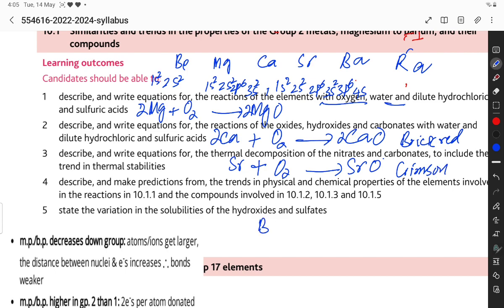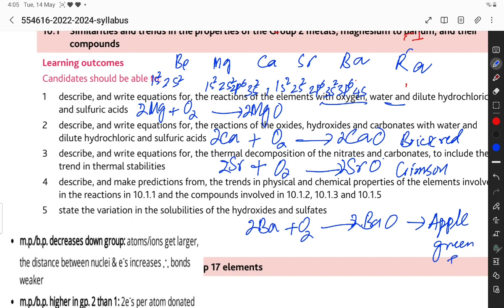Barium plus oxygen forms barium oxide with an apple green flame. So these are the reactions with oxygen.